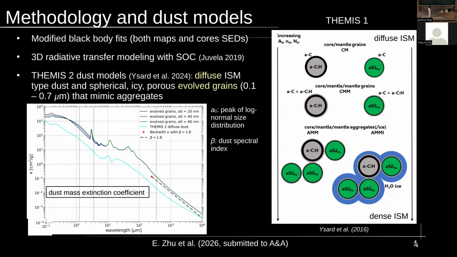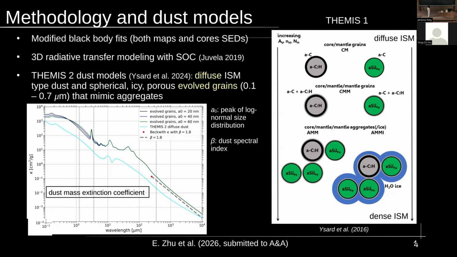For our modeling, we use both diffuse interstellar medium type dusts, like here in the above, but in THEMIS2 they are spheroidal rather than spherical. And we use the spherical icy porous evolved grains, which mimic these aggregates at the bottom, because aggregates are not yet available for THEMIS2.